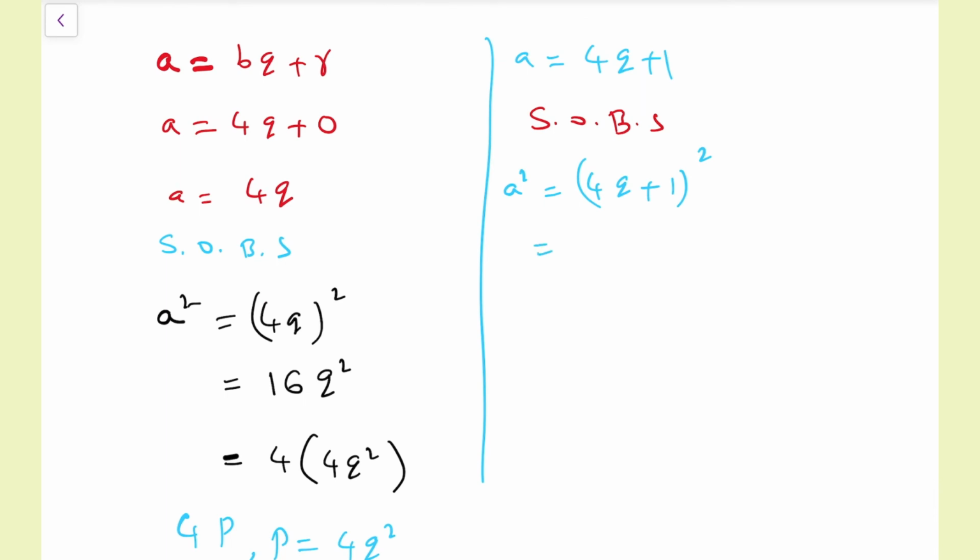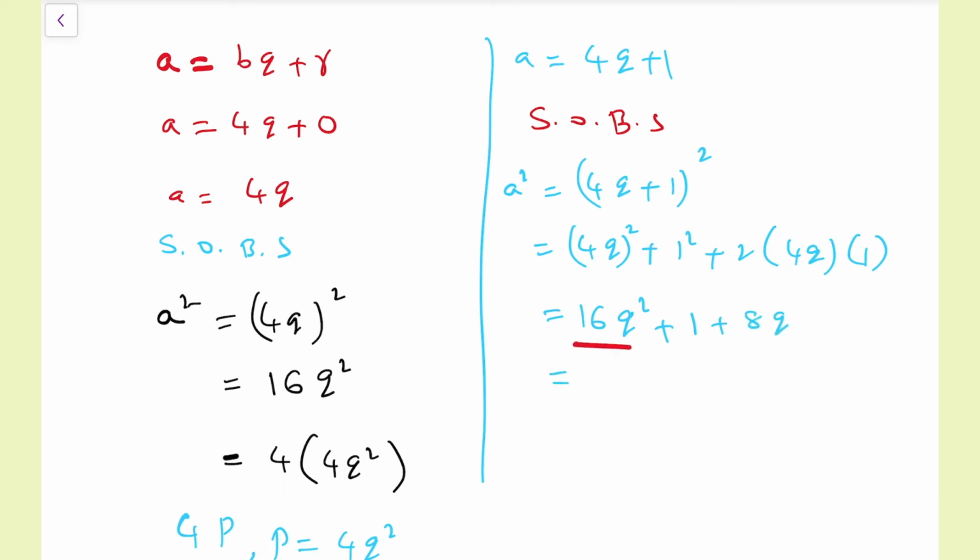So if we expand it, 4q whole square plus 1 square plus 2 into 4q into 1. a plus b whole square equals a square plus b square plus 2ab. 4q whole square is 16q square, plus 1 square is 1, plus 2 into 4q into 1 is 8q. In this, 16q square and 8q I will write together and 1 I will write separately.